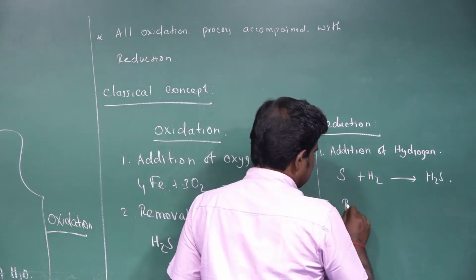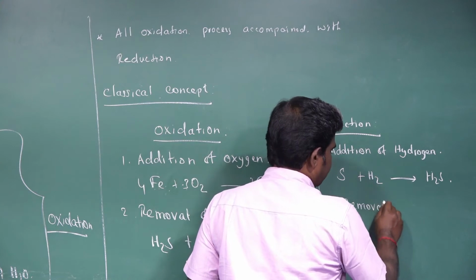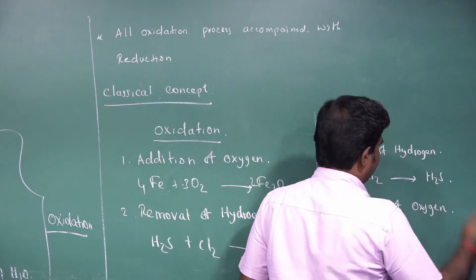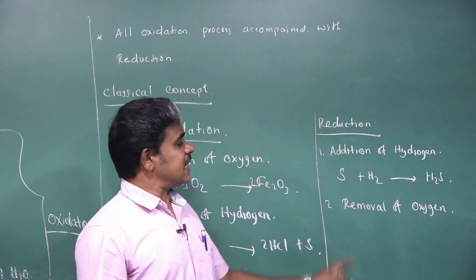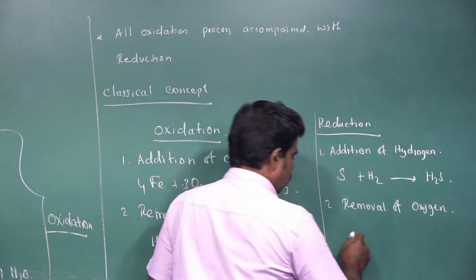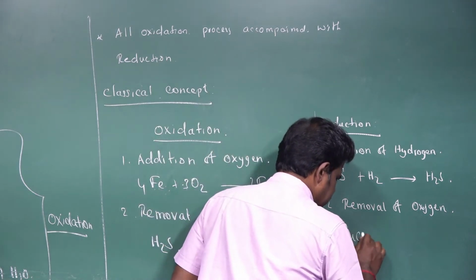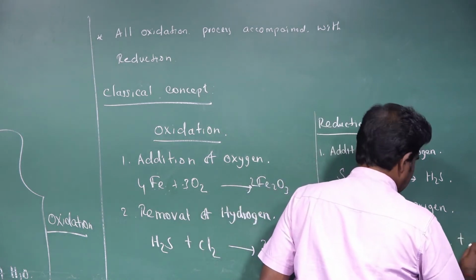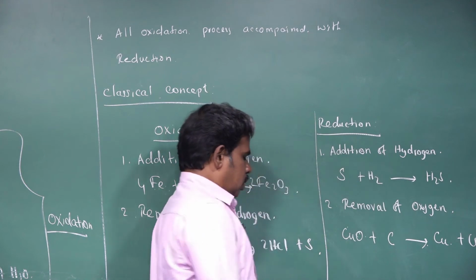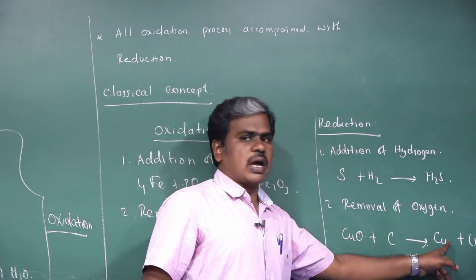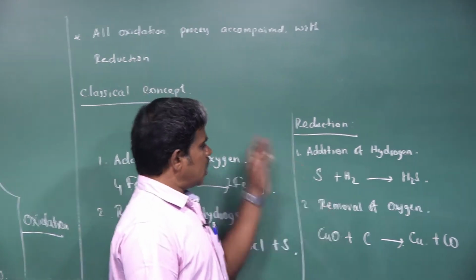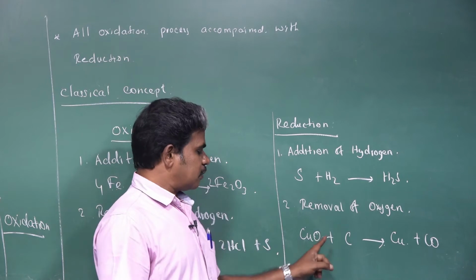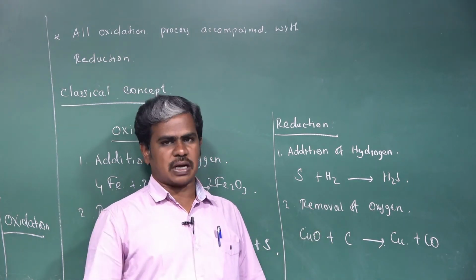The second process is removal of oxygen, which is also considered reduction. For example, CuO reacts with carbon and forms Cu and CO. In cupric oxide, the oxygen is removed and it is converted into Cu. So addition of hydrogen and removal of oxygen is a reduction process.